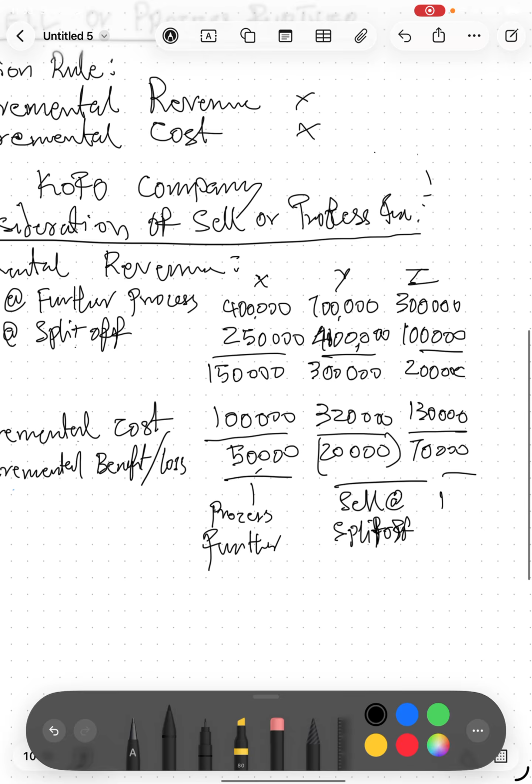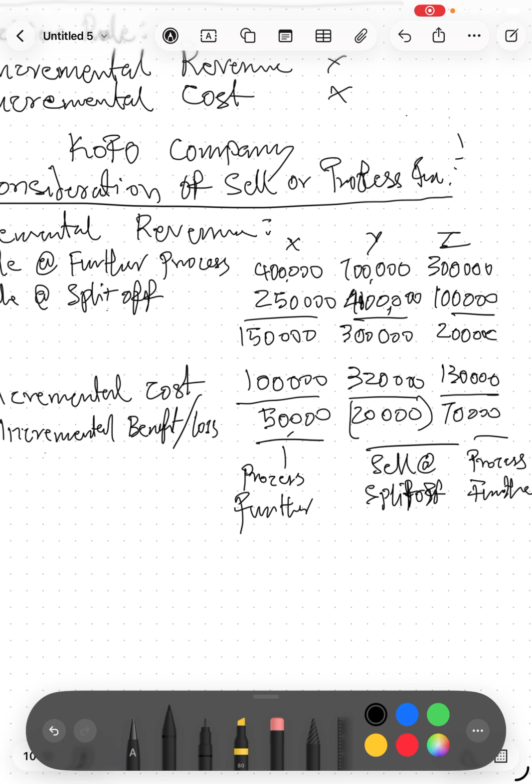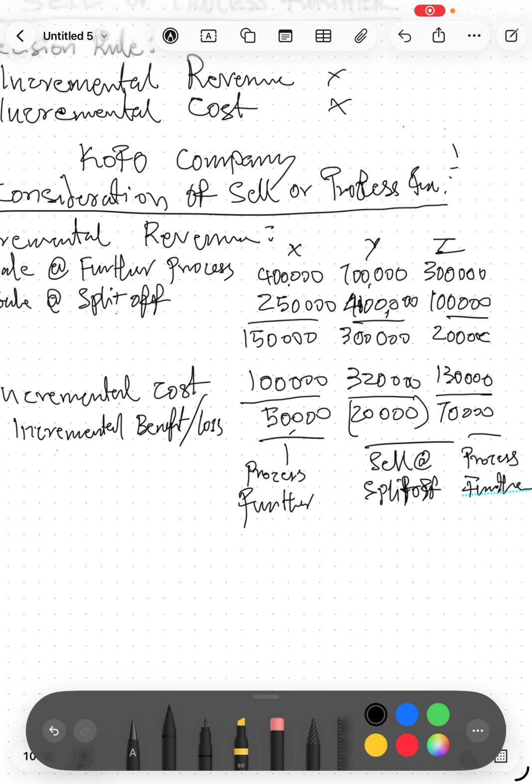Process further. So what it means is that we should process further X and Z, and Y we should sell at split off. Don't need to process further because we're making a loss.